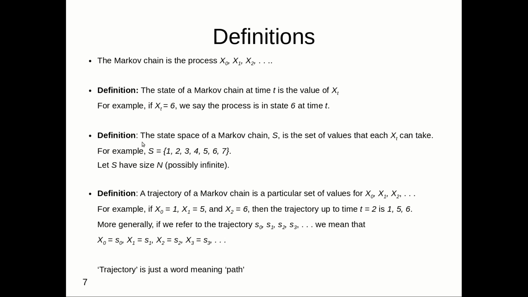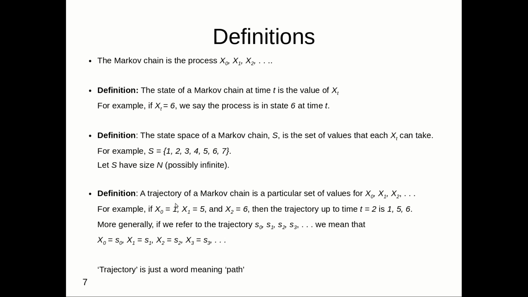The state space S of a Markov chain is the set of values that each xt can take. For example, S in our flea example is 1, 2, 3, 4, 5, 6, 7. We say that S has a size n, the number of elements in the set, but it can possibly also be infinite. We're not going to cover this, but it is possible.